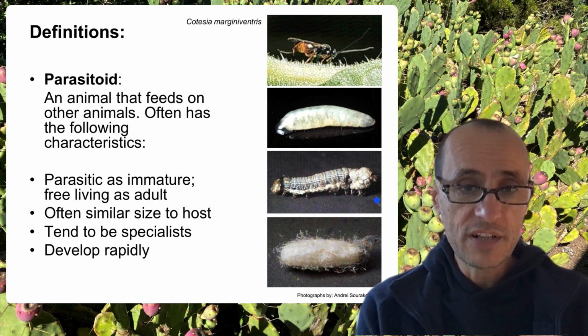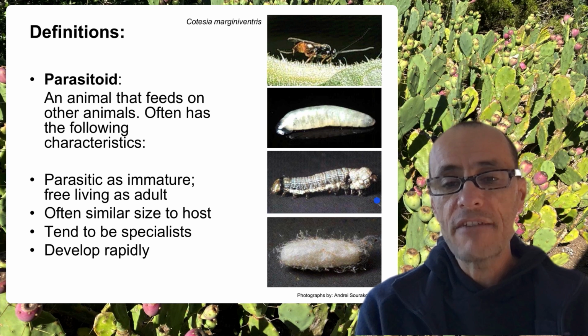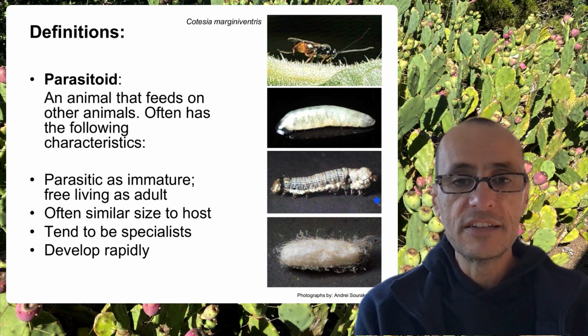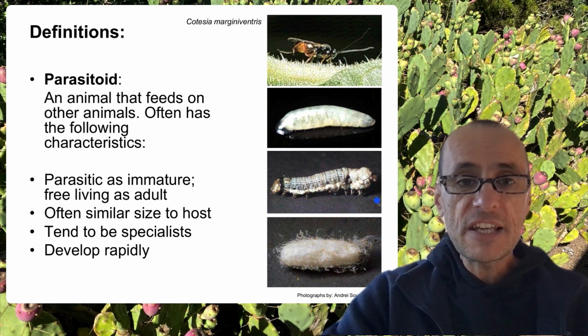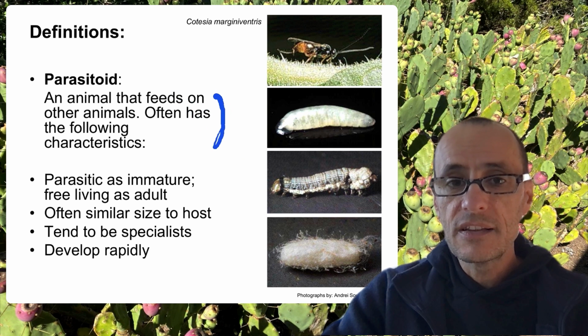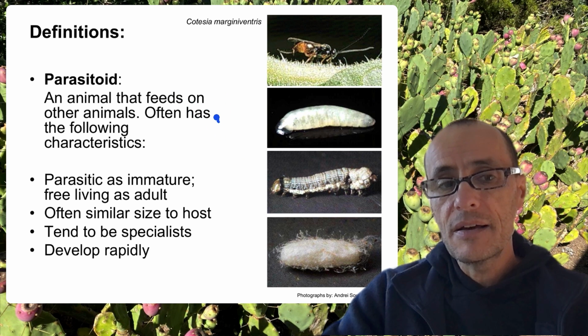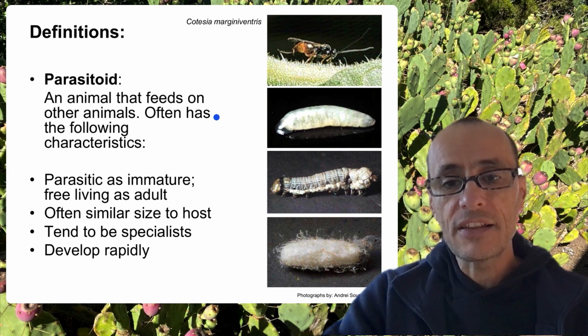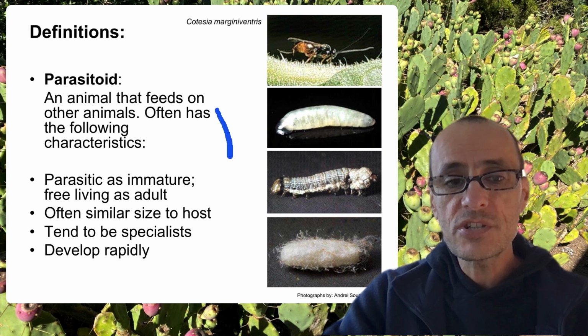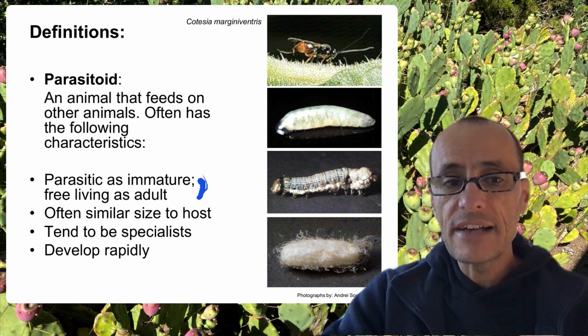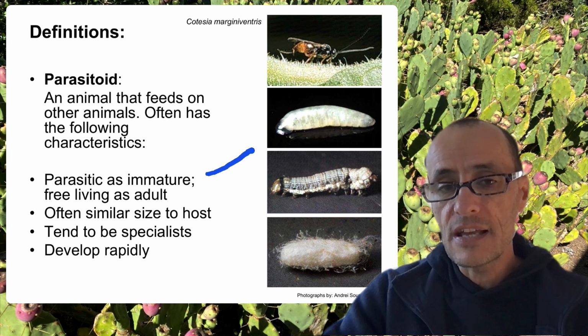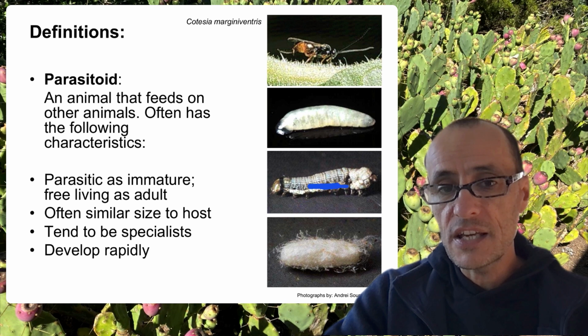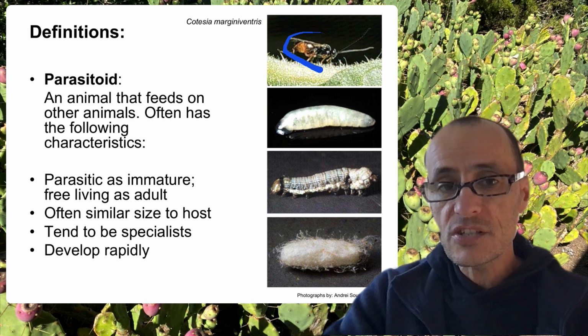Parasitoids are really cool. They have a strange lifestyle of feeding on another organism like this. They have a predator-like mortality on their host, but they're parasitic as immatures. That is, the immature forms are what feed on the host, whereas the adults are free living.